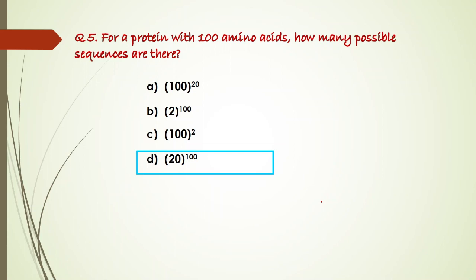Those 100 amino acids will be taken from these 20 essential ones. So basically, how many possible ways will there be? 20 to the power 100 possible ways. That's how you can arrange them. Any of the 20 can be taken to form this 100 amino acid sequence. It was a very easy one.